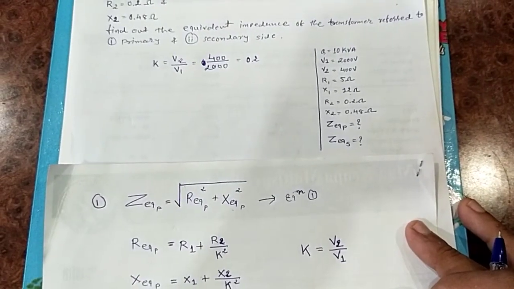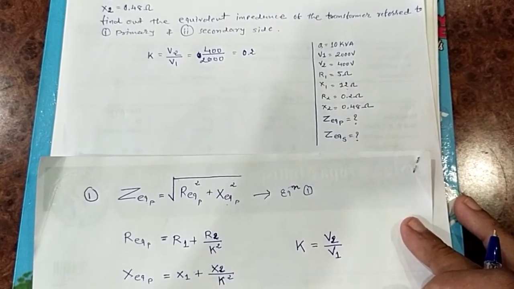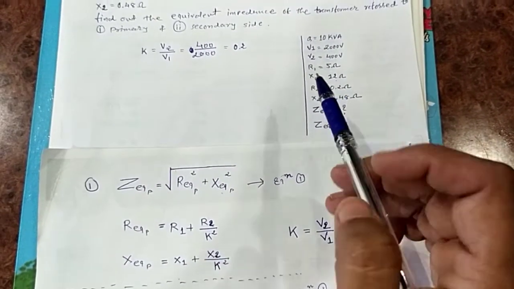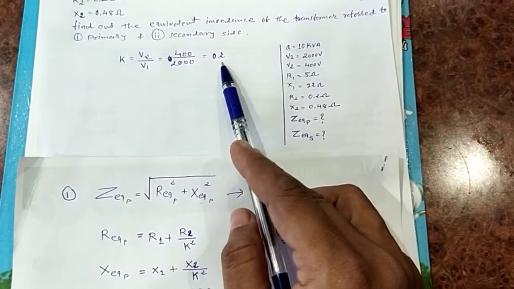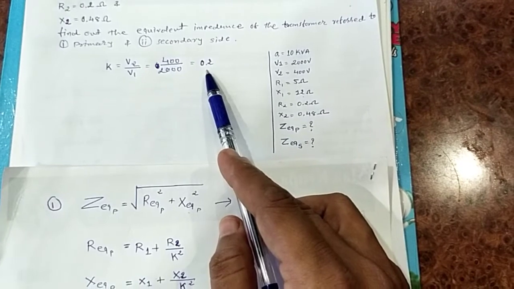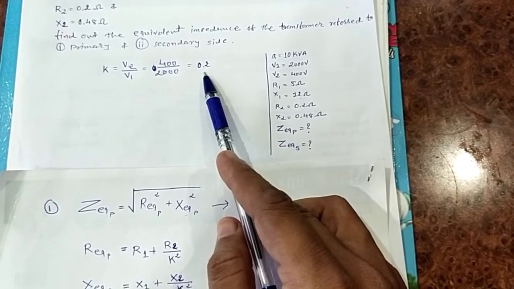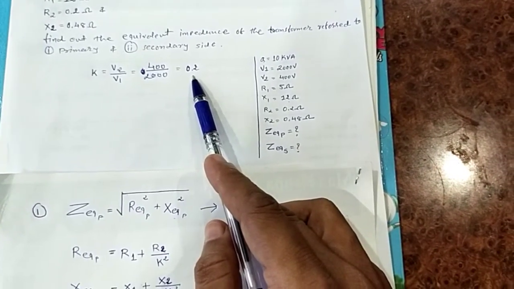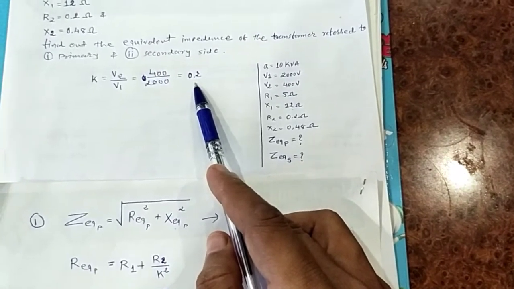Now we put the values of V1 and V2 in the equation of K. Here the value of K is generated. The value of K is 0.2. Based on the value of K, we can say that the given transformer is step down, just because the value of K is less than 1.